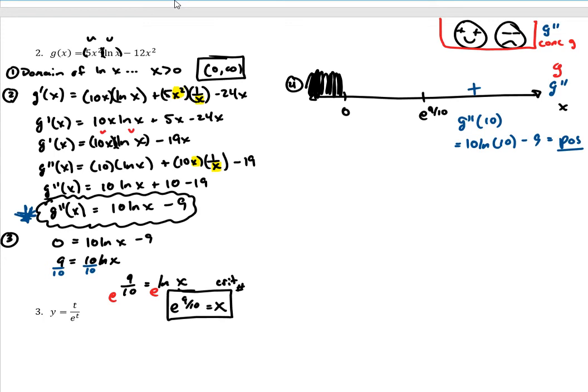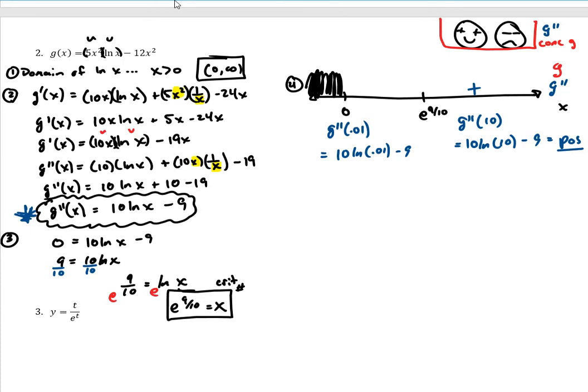And then I want to choose something that's less than e to the 9/10, but bigger than 0. So I would choose something that's close to 0, like 0.01, something like that. So that's definitely bigger than 0, and definitely in between. Since e again is about 3, I'm going to play it extra safe to be close to 0. And then I want to still plug it into my starred equation here. So that would give us 10 natural log of 0.01 minus 9.